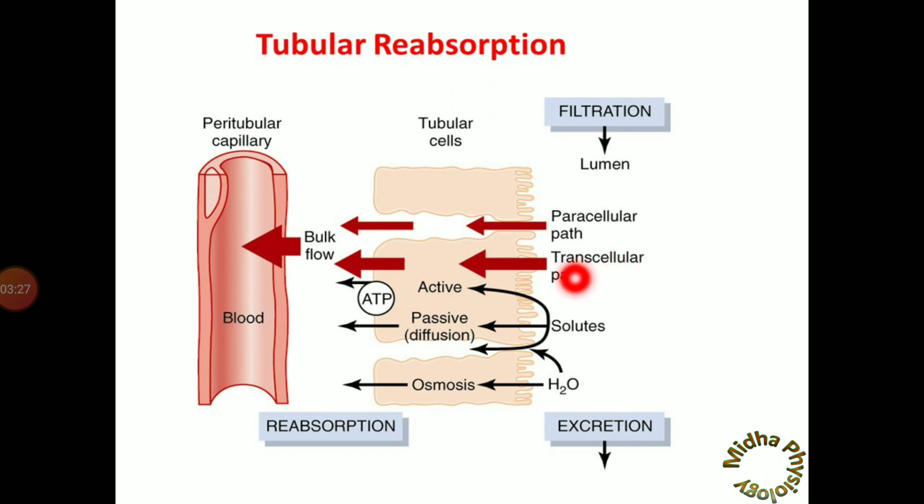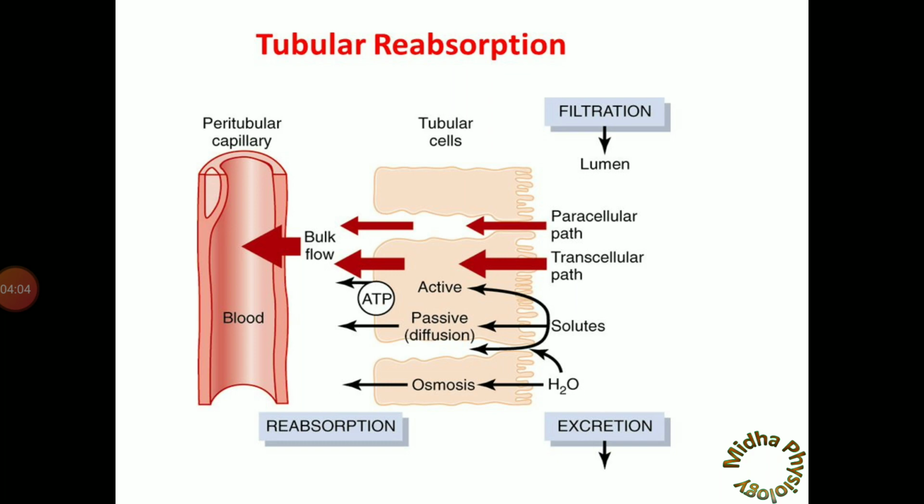In the transcellular pathway, these electrolytes would firstly bind to the receptor present in the apical margin, or the apical border or the luminal border, and those electrolytes would then be transported inside the cytoplasm of the epithelium, and from the cytoplasm they would be transported into the interstitium with the help of another transporter which is present in the basolateral side. So this process which is occurring through the cell only is the transcellular pathway.